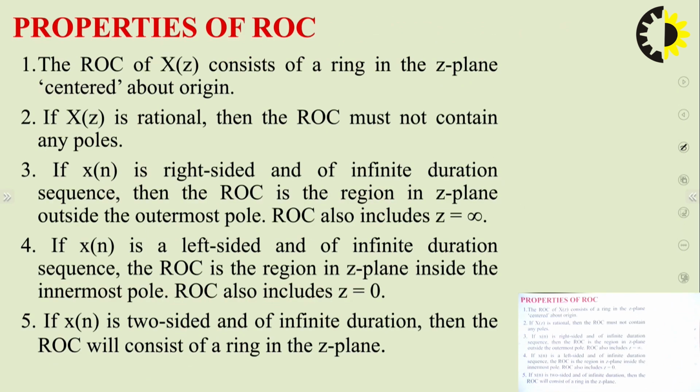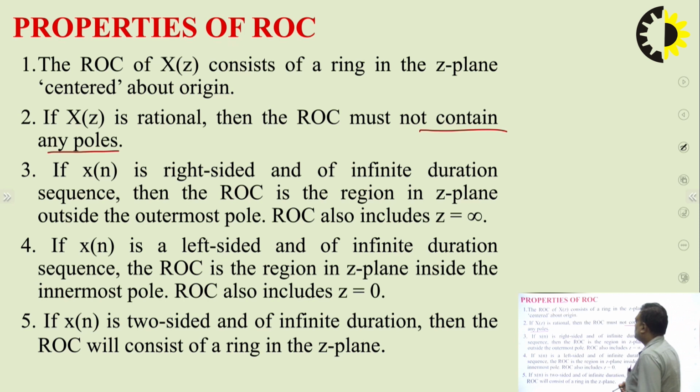Okay. Now we will see the properties of ROC. The ROC of X(z) consists of a ring in the z plane centered about the origin. If X(z) is rational, then the ROC must not contain any pole. So the important thing is that the ROC will not contain any poles; wherever poles occur, the ROC boundary is represented by dotted lines.